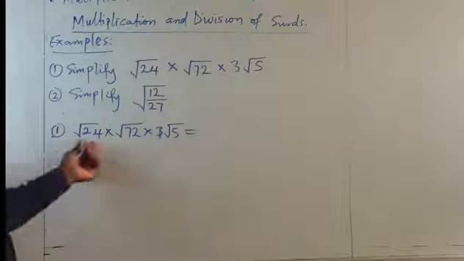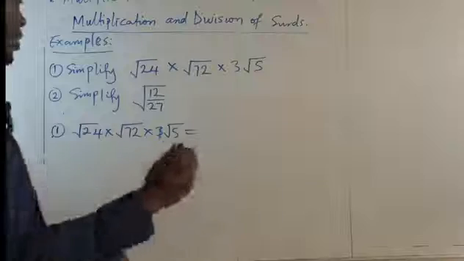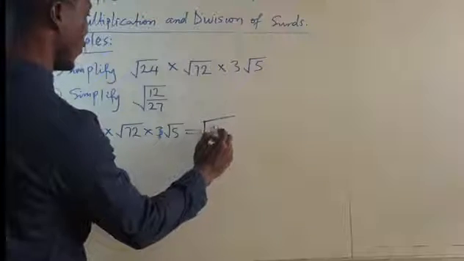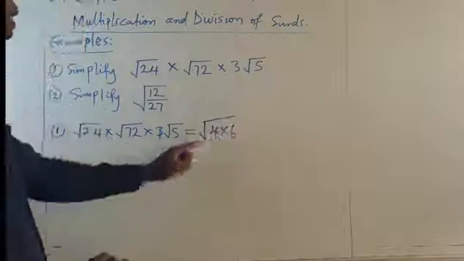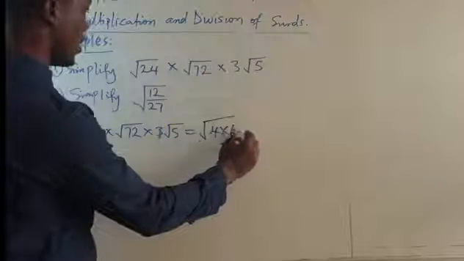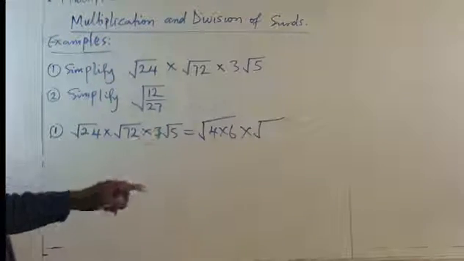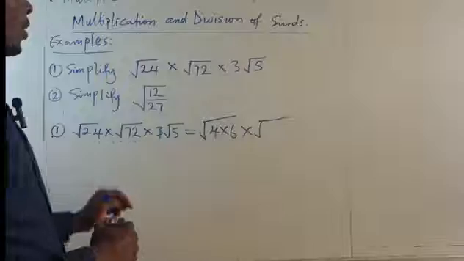To do that, we are going to bring out the perfect square from 24, which is square root of 4 multiplied by 6. So 4 is a perfect square, but 6 is not a perfect square. Then multiply by square root of 36 times 2, because 36 is a perfect square from 72.